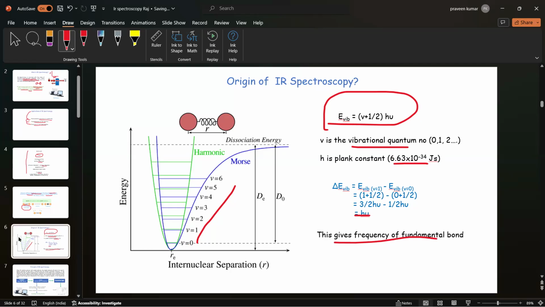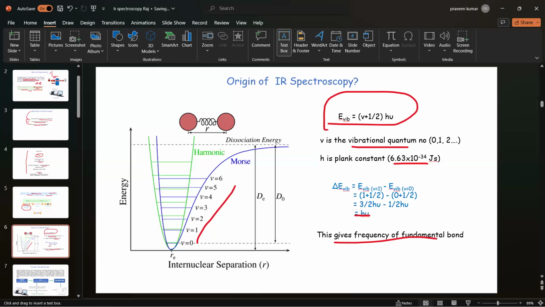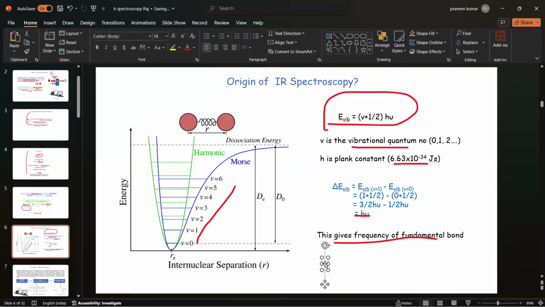The IR is also divided into three zones: near IR, mid IR, and far IR. The near IR has a range from 0.8 to 2.5 micrometer.